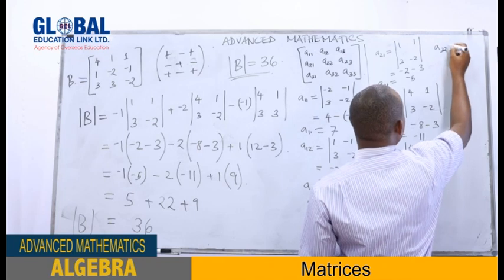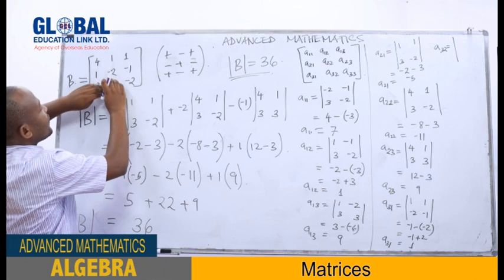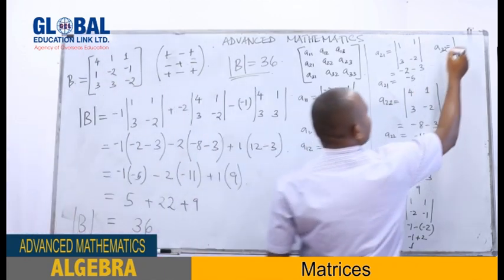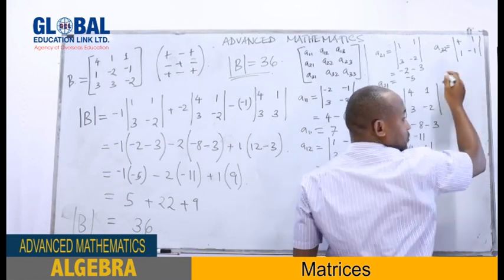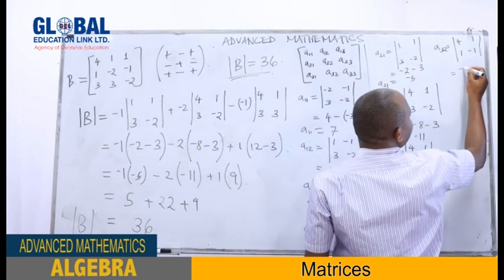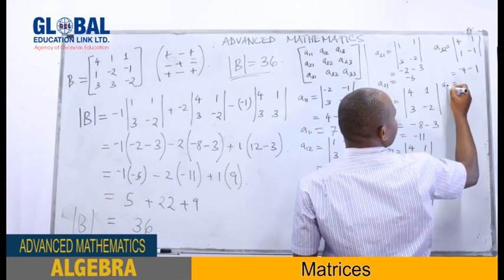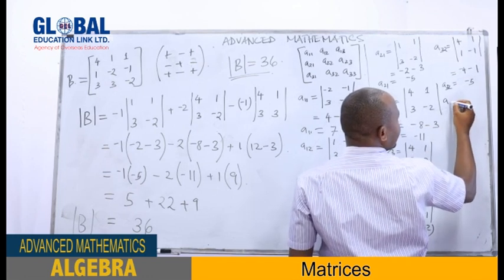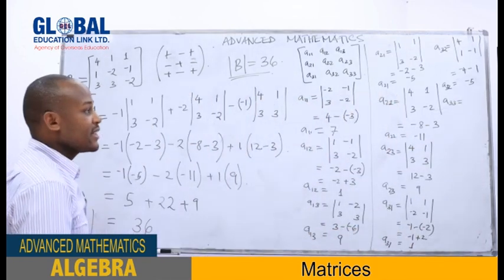A3,2 will be equal to what? We are there. That means we are left with 4, 1, 1, negative 1. Negative 4 minus 1, which equals negative 5. A3,3 equals what?